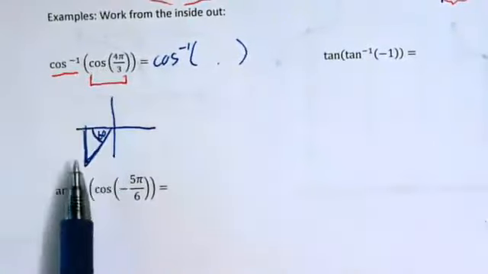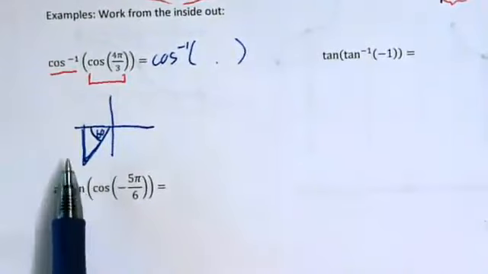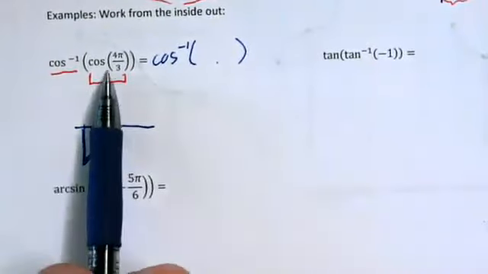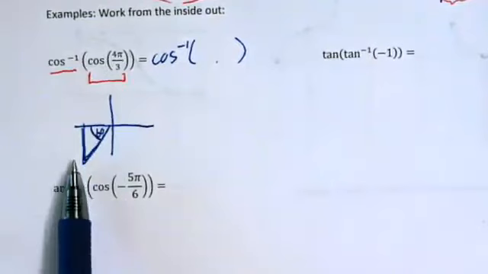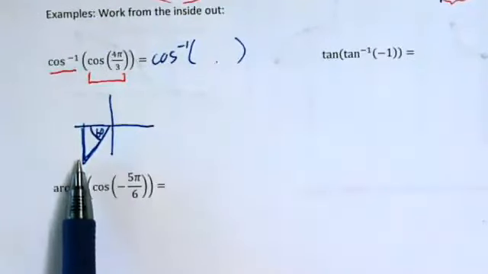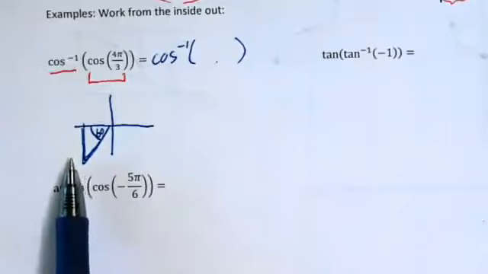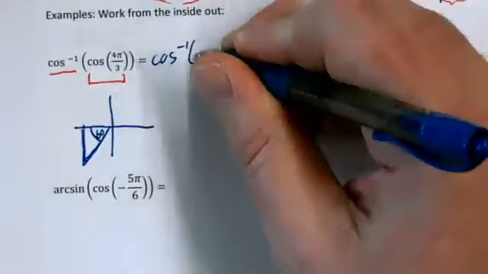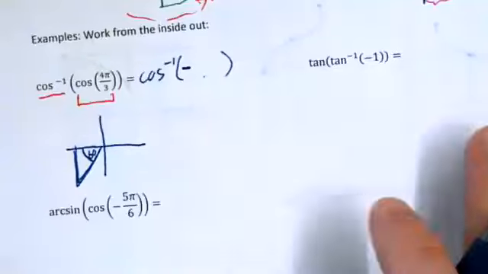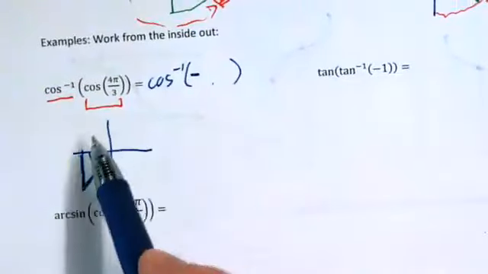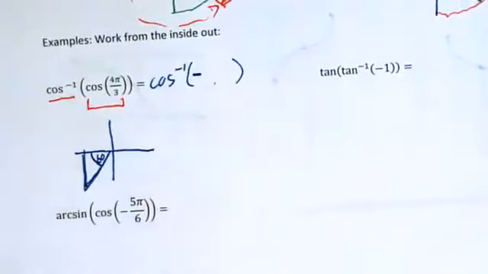We should know right now whether this is going to give us a positive or negative answer. The cosine in quadrant 3 is positive or negative? Okay, so it is going to be negative. Definitely going to be negative.